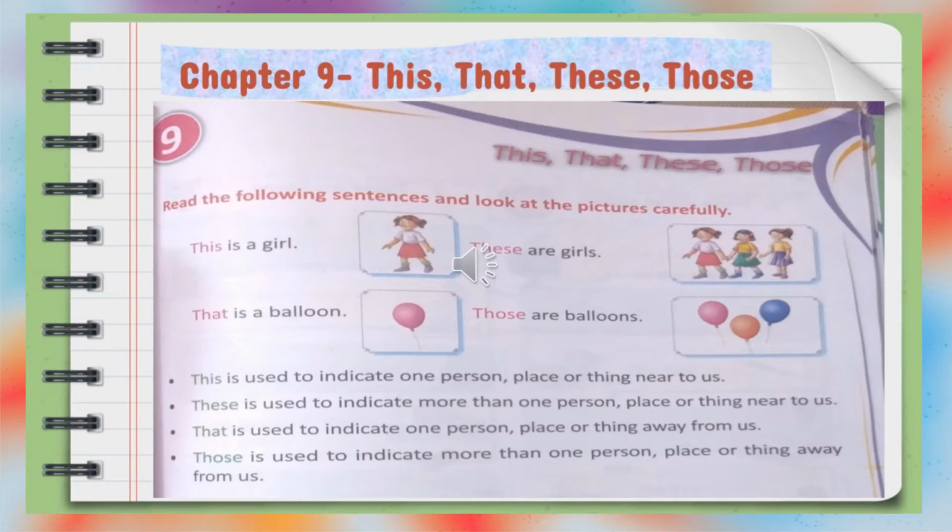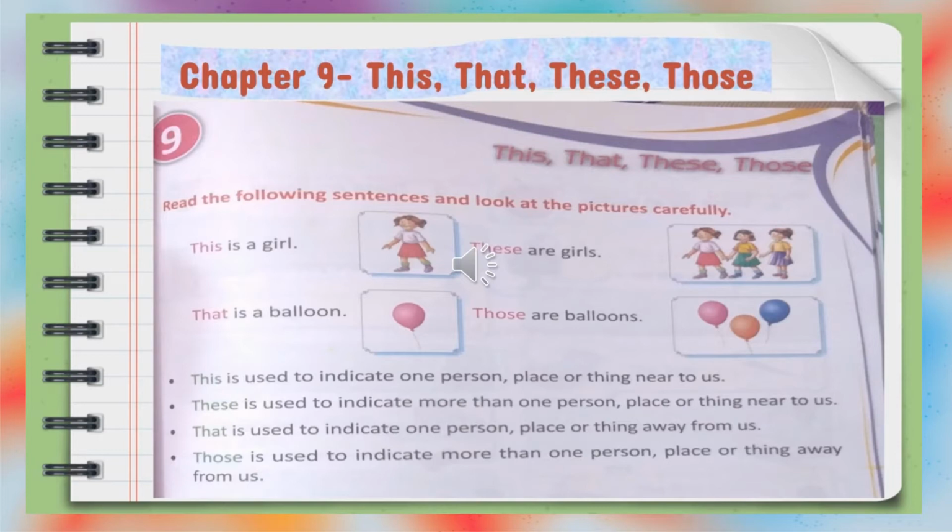Now these is used to point out more than one person, place or thing which is near to us, which means things which are closer to us but plural in number. For a singular near thing, we use this. For plural near things, we use these.